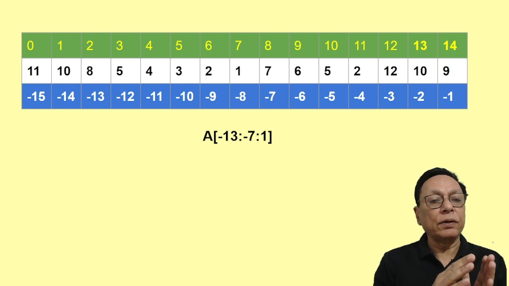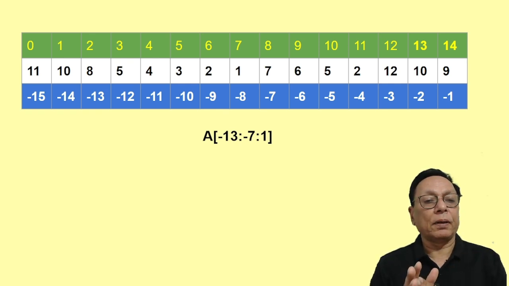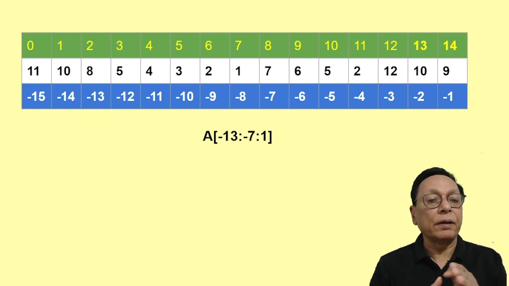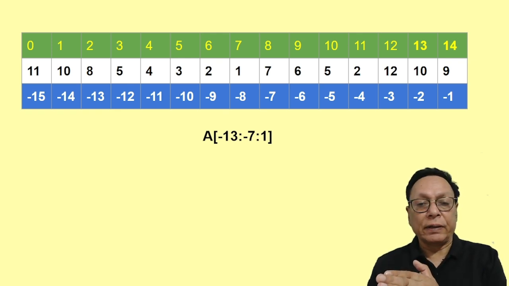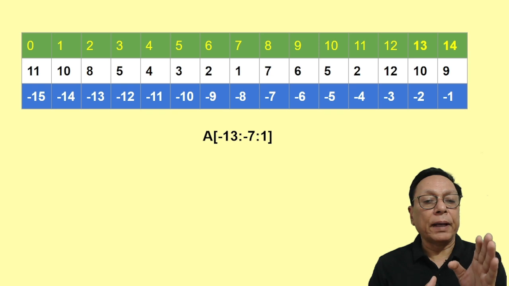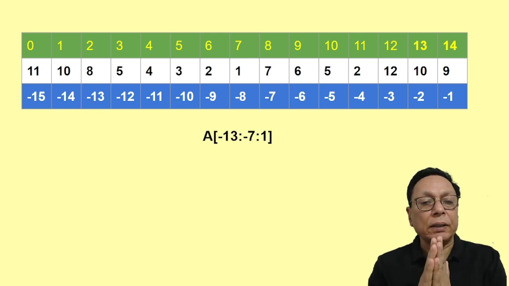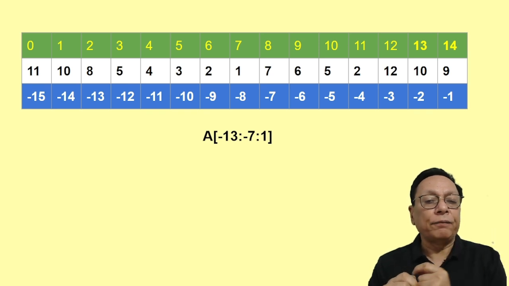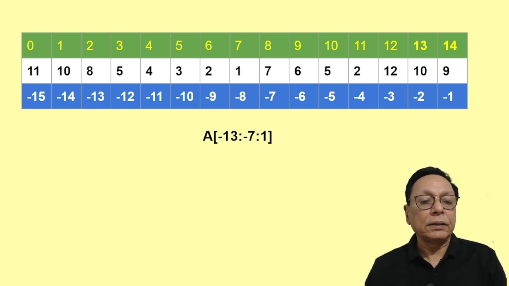In positive indices this corresponds to 2, 3, 4, 5, and in negative it is -13, -12, -11. But since the step is +1, I suggest you take it in the left to right direction.